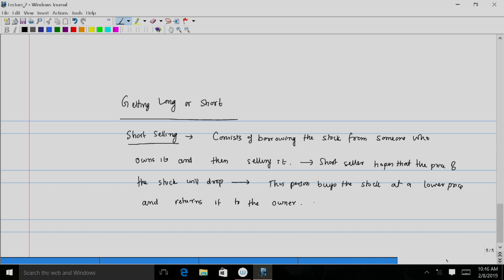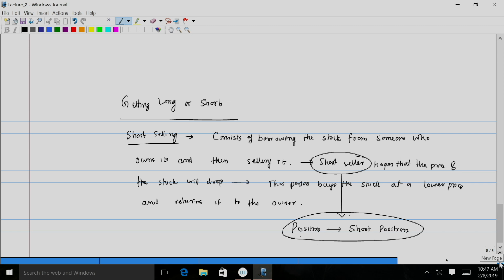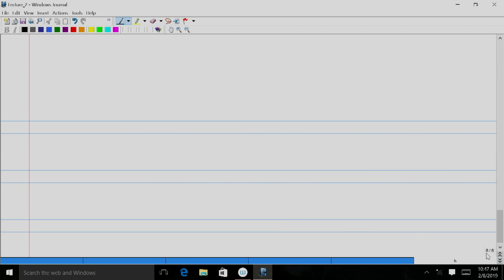So, this person who short sells, this particular short seller, has what is known as a short position. Short position basically means that you are short in the sense that you owe the stock to somebody.